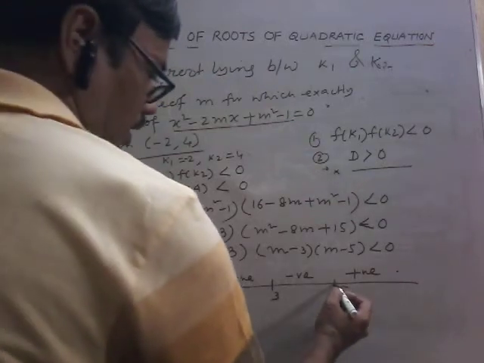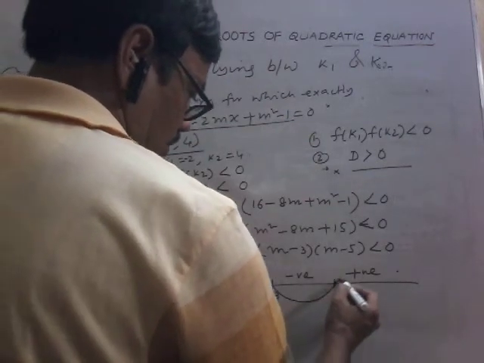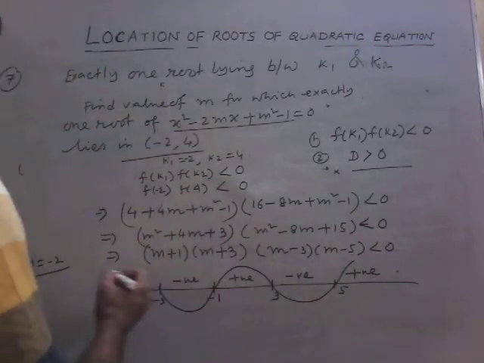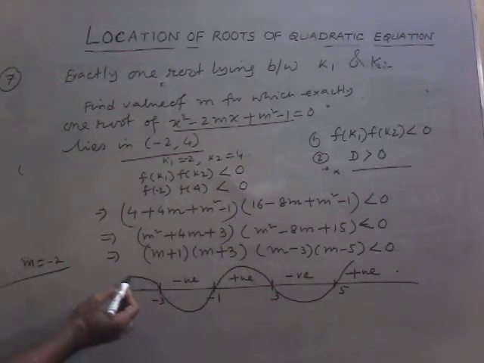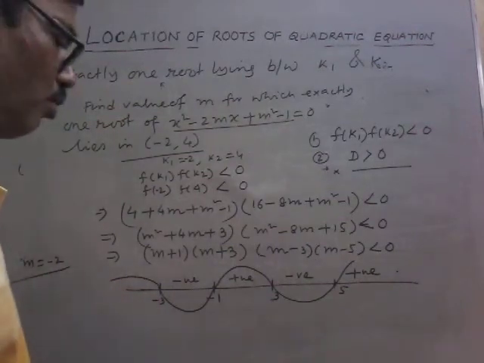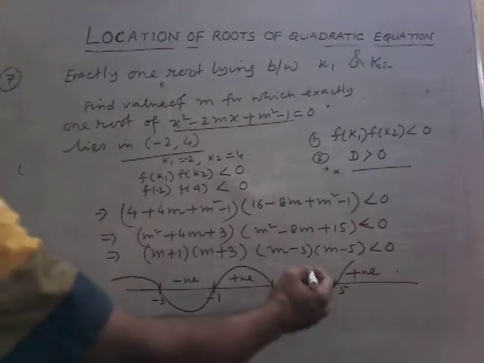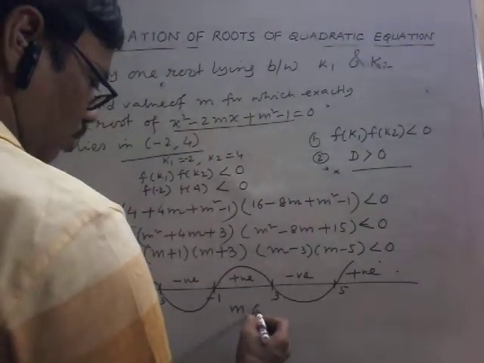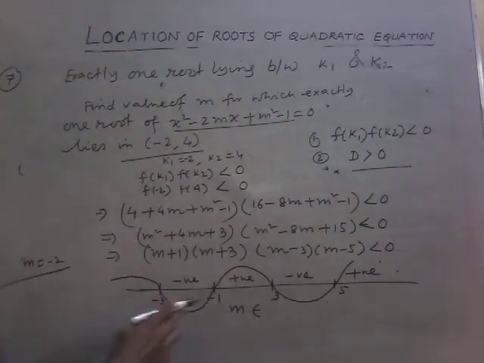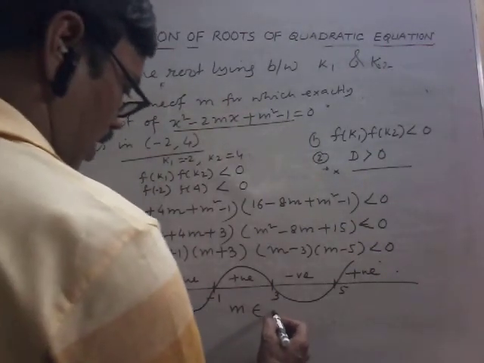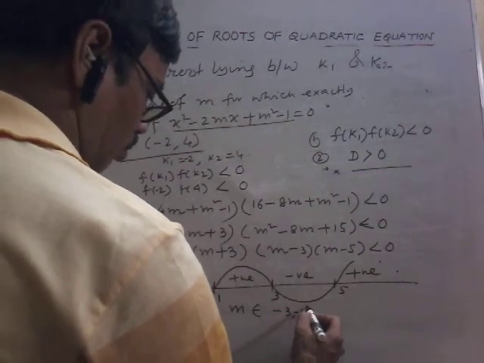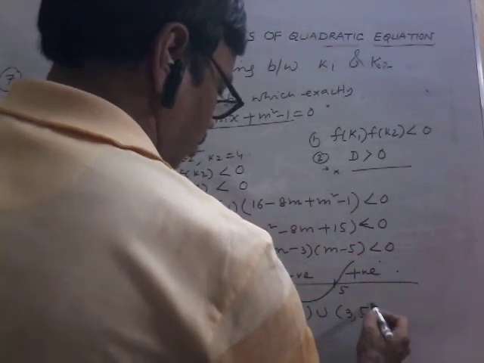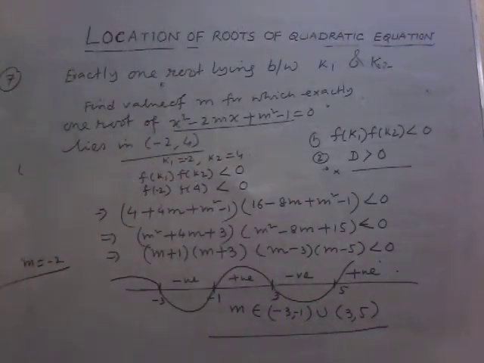So look, we get a figure like that, and less than 3 it is again positive. So what is our solution? That is the negative part. So m belongs to -3, -1 union 3, 5.